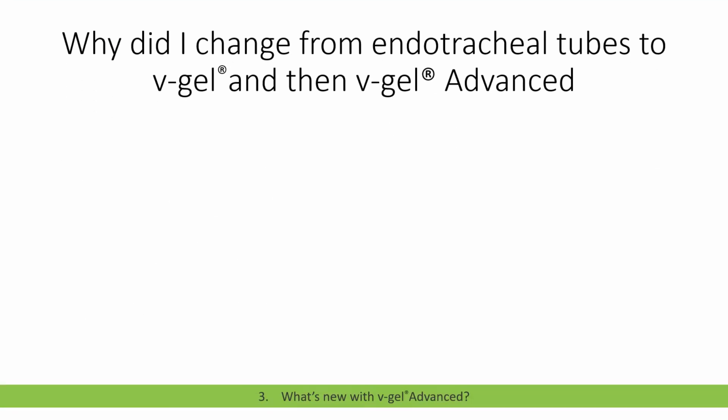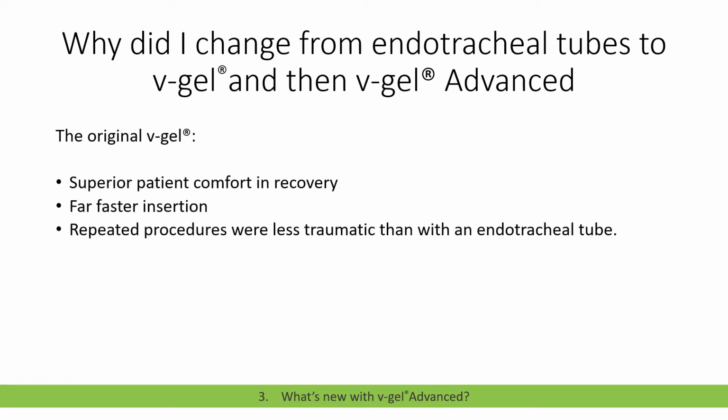I've made two changes with my airway practice over the years. I've changed originally from using endotracheal tubes with all of my feline patients to the original VGel, and now to the VGel advanced devices. The original VGel, the things that I saw in clinic, definitely better patient comfort in recovery, less stridor, less evidence of upper airway issues. Faster insertion.